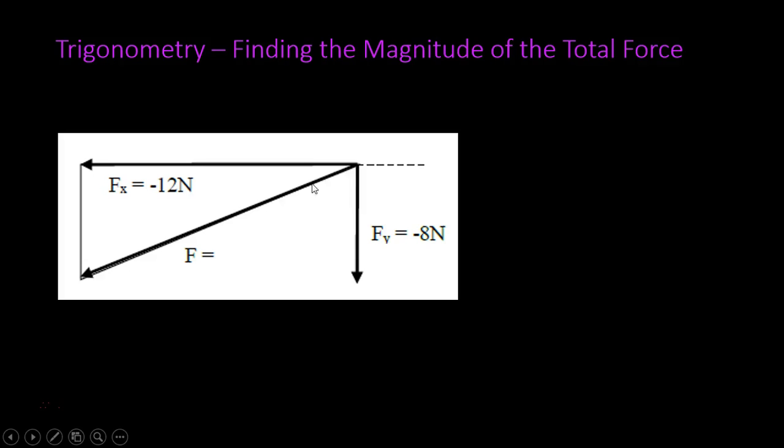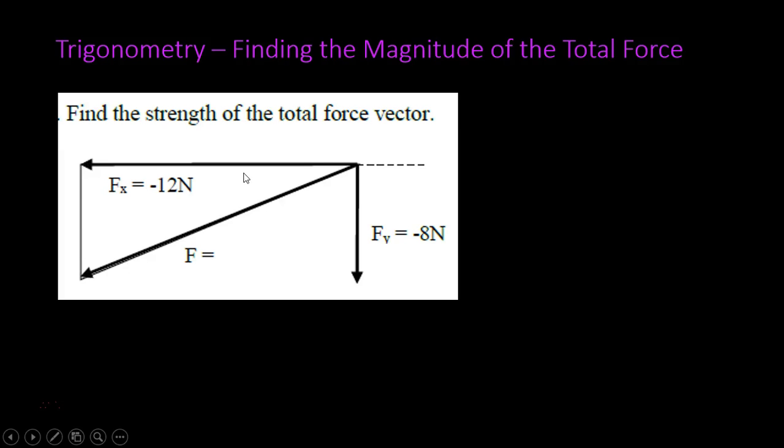If we notice our total force vector, and we have our x component vector and our y component vector. If I take a mirror image of the y component vector and have it over here, notice that this forms a right triangle.